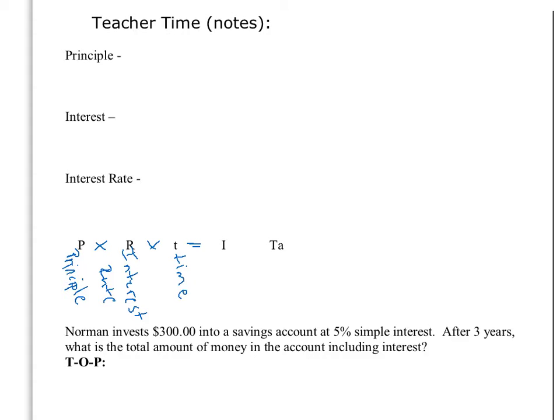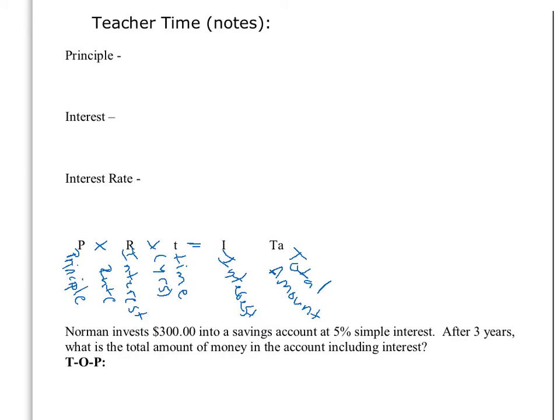Now, one thing that you should know about time is in all the problems that we're going to do, we're always talking about the annual interest rate, which means time is always going to be in years. I stands for interest. And TA stands for total amount.